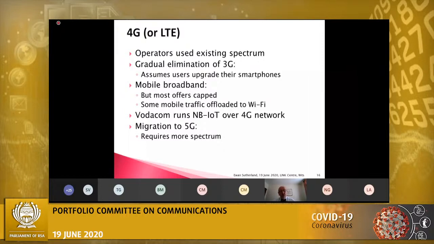4G enabled a lot more mobile broadband, but most of the offers were capped. Interestingly, for the operators, a lot of the mobile traffic isn't carried on the cellular network. It's handled on Wi-Fi in offices, Wi-Fi in homes.